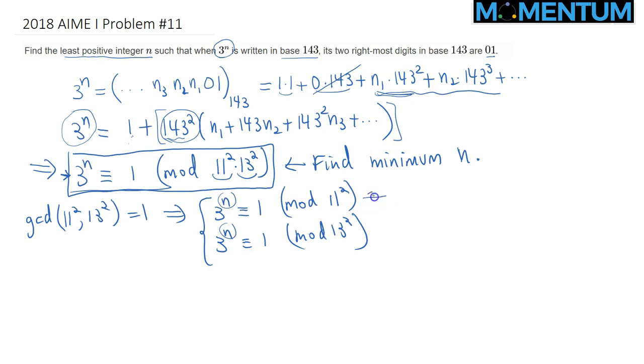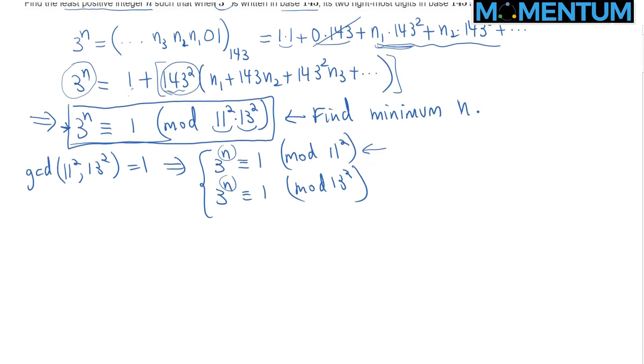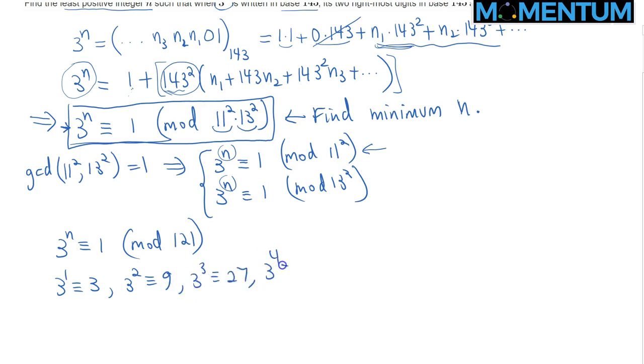Okay, so now we need to do it case by case. Let's first start with the first one. 3 to the n is congruent to 1 mod 121, and let's start testing different values for n. So 3 to the 1 is congruent to 3 in mod 121, 3 squared is 9, 3 cubed is 27, 3 to the 4 is 81, 3 to the 5 is 81 times 3, which is 243.